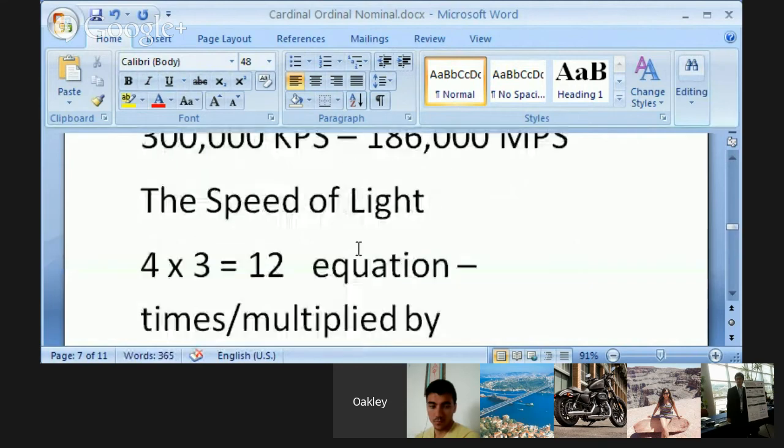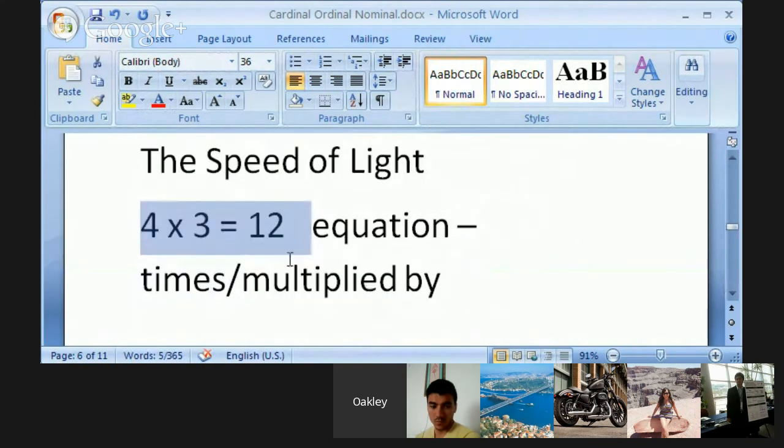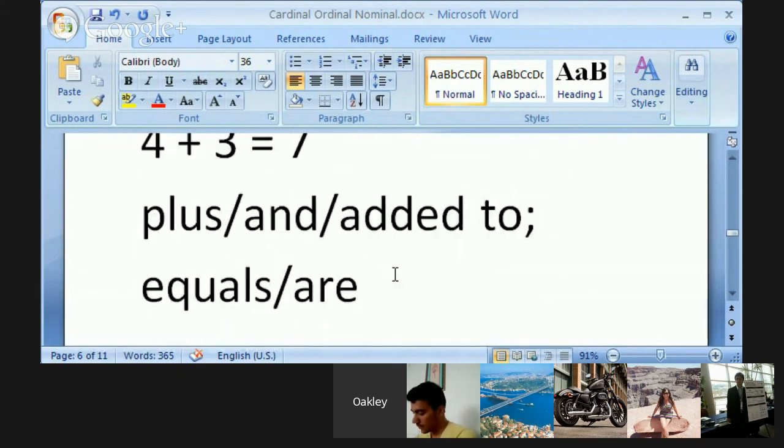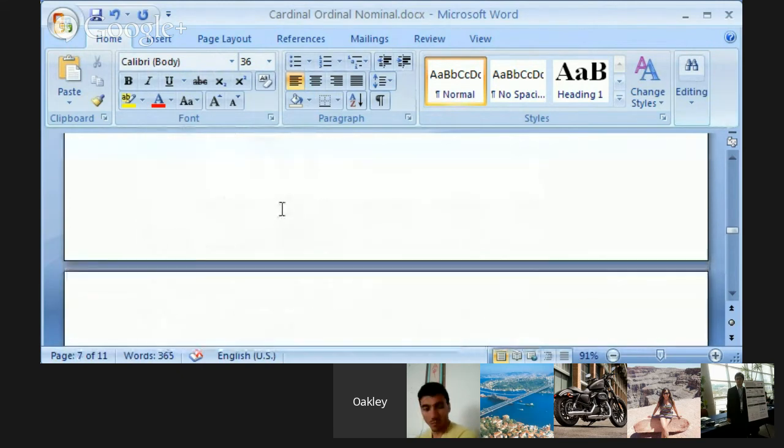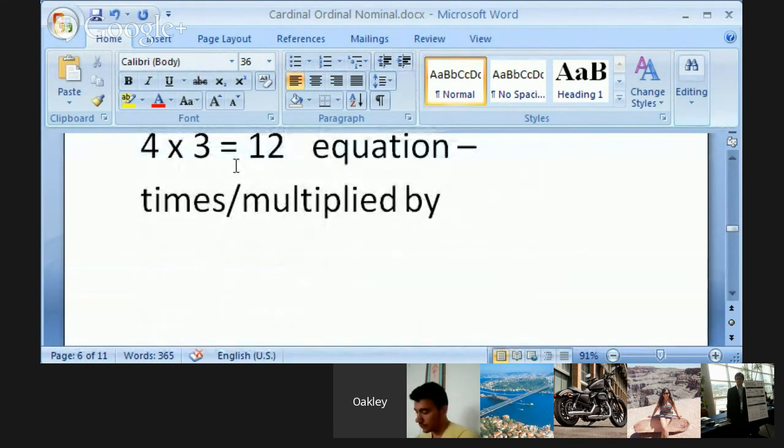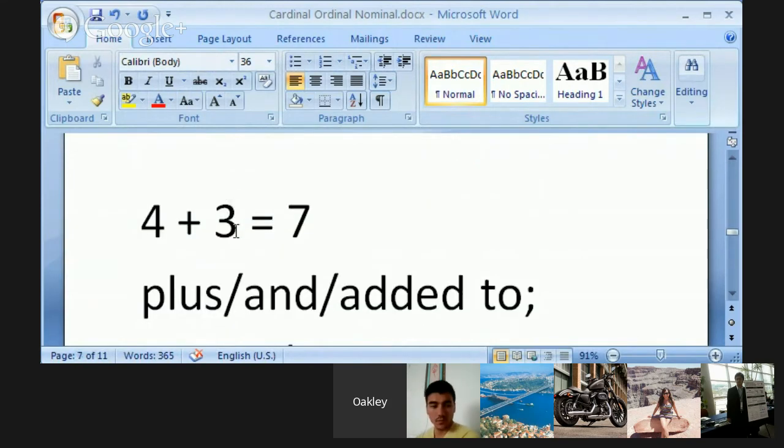Same thing up here. I can say 4 times 3 is 12, or I can say equals, or just is 12. Notice 4 times 3, I don't say are 12, I say is 12. It's kind of a weird thing here, but 4 plus 3 are 7.